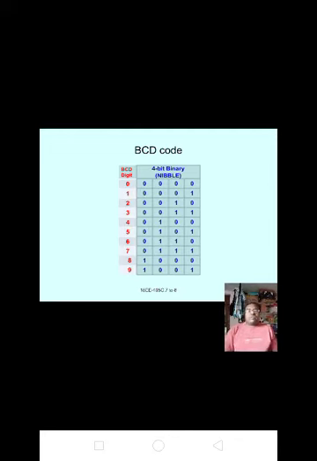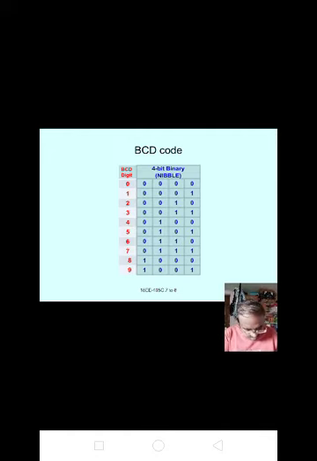Most important, please make a note of it. I will clearly explain it. Now we are converting these BCD digits into 4-bit binary, also known as a nibble.